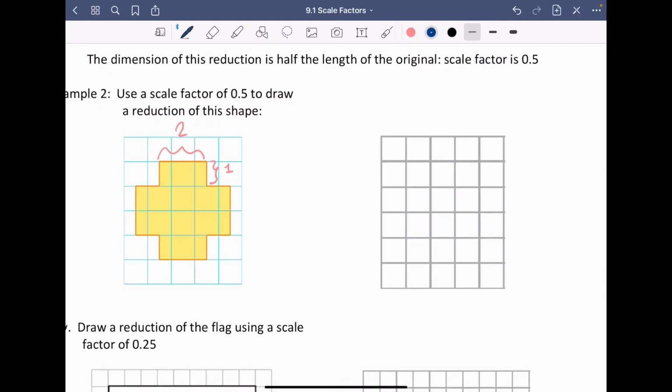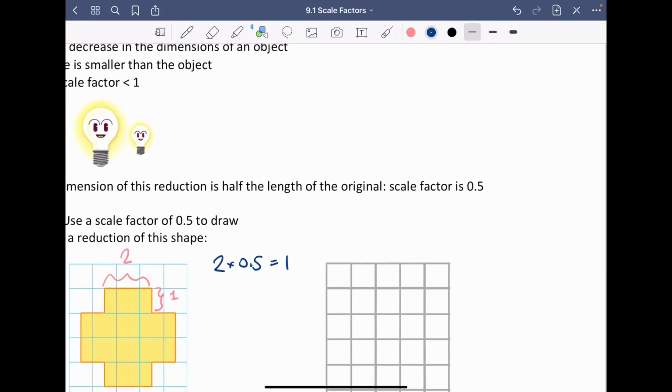With a scale factor of 0.5, you multiply by each length here. 2 times 0.5 will give you 1. So this length here, on my reduced diagram, will be 1.